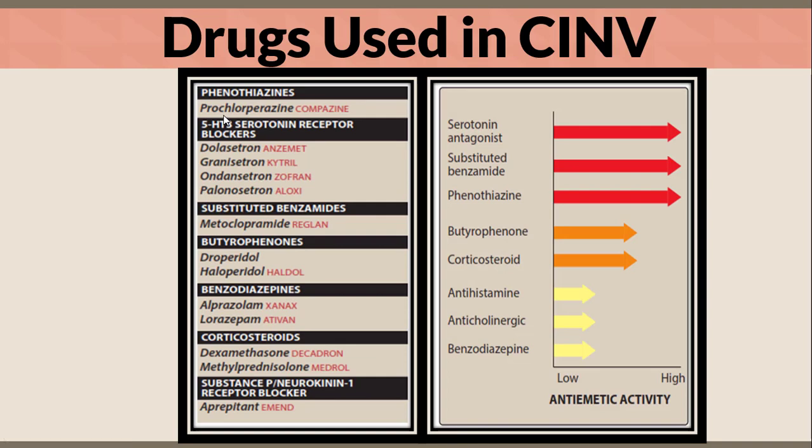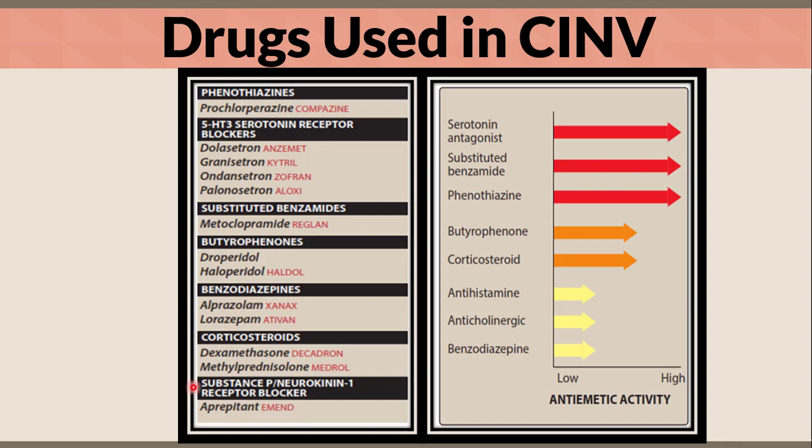Drugs used in chemotherapy-induced nausea and vomiting: phenothiazines such as prochlorperazine, 5-HT3 serotonin receptor blockers such as granisetron, ondansetron, palonosetron, and substituted benzamides such as metoclopramide, butyrophenones such as droperidol, haloperidol, benzodiazepines such as alprazolam, lorazepam, corticosteroids such as dexamethasone and methylprednisolone, and substance P neurokinin 1 receptor blockers such as aprepitant.